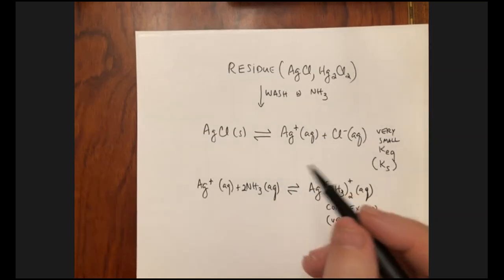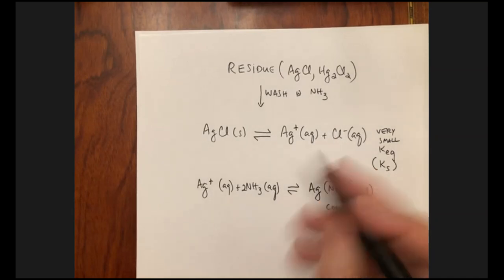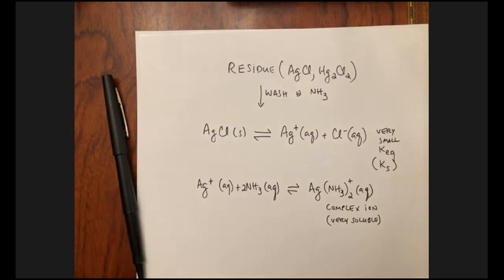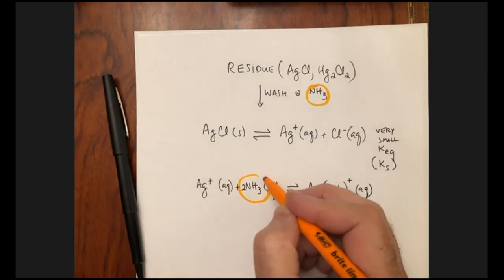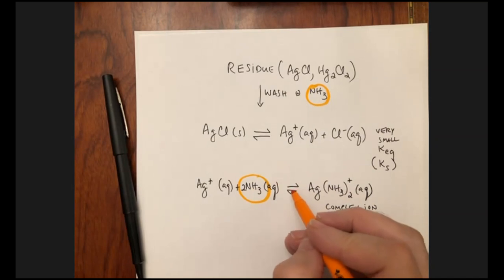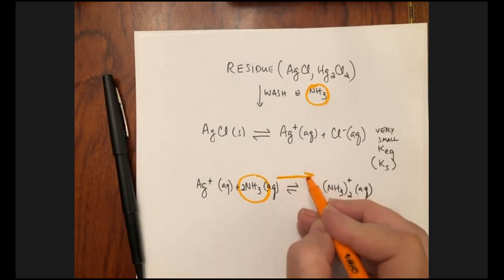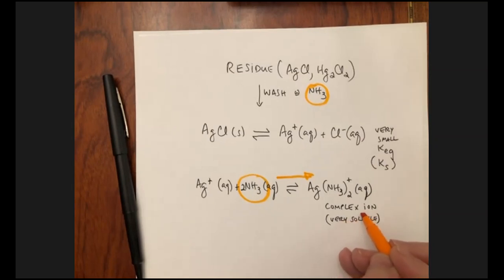So in essence, think of the Le Chatelier principle. If I'm adding ammonia, that ammonia is essentially pushing this equilibrium towards the right, because it has a very high equilibrium constant.